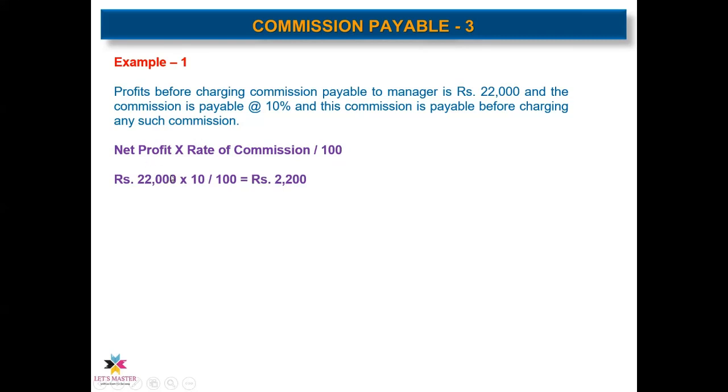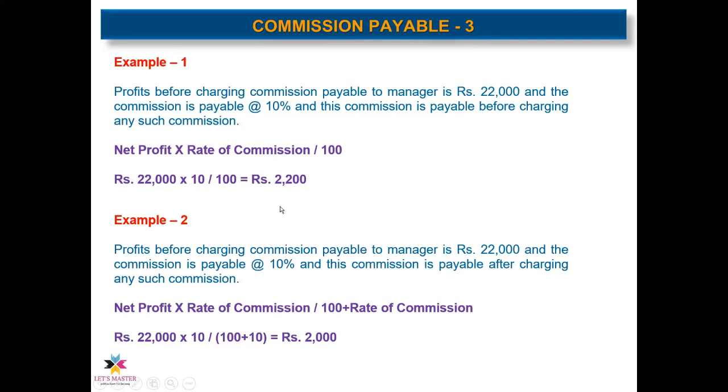When we put the figures in the formula, 22,000, that is the net profit, multiplied by 10, that is the rate of commission, divided by 100. The amount payable to the manager as commission works out to rupees 2,200.